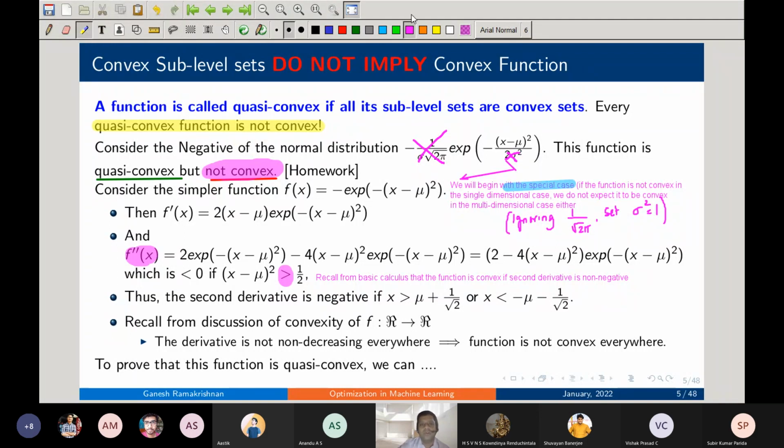But what is going to bail us out is the expression sitting here, minus of 4 minus x minus mu norm square. So this is less than 0 if x minus mu square, sorry, just single dimension, is greater than half. This is the problem case. The problem case is when it becomes less than 0.